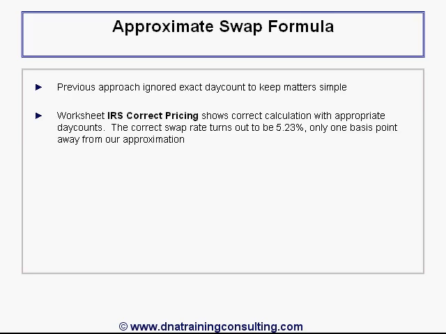Since our approximation of 5.22% has turned out to be reasonably accurate, we summarize its logic using some algebra, which enables us to derive a nice closed-end formula for calculating a swap rate merely from discount factors and FRAs.